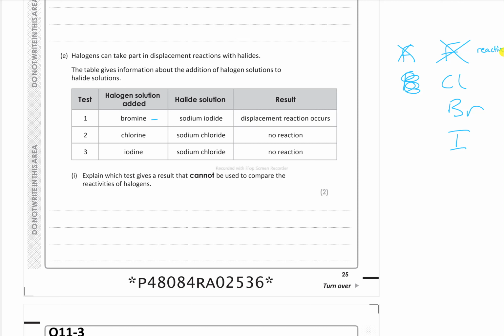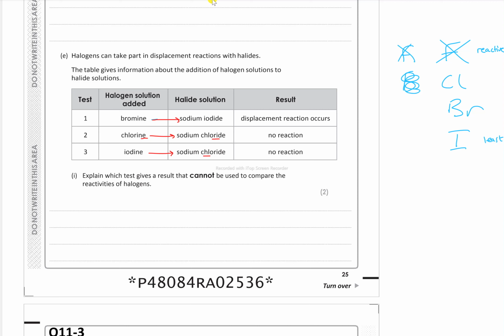Bromine reacts with iodide, so it will kick it out. A displacement reaction occurs. Chlorine cannot displace its own halide, because look, chlorine and chloride. Iodine is less reactive than chlorine, so it cannot displace chloride. Explain which test gives a result that cannot be used to compare.